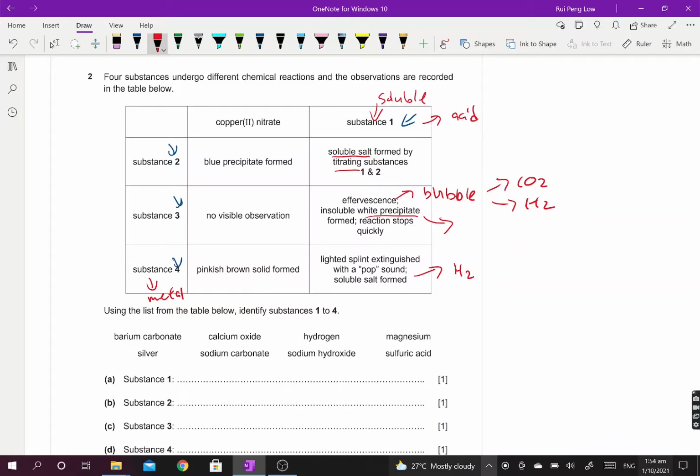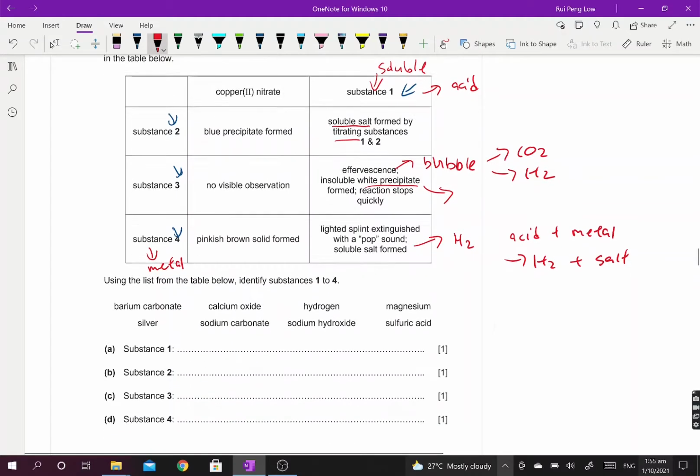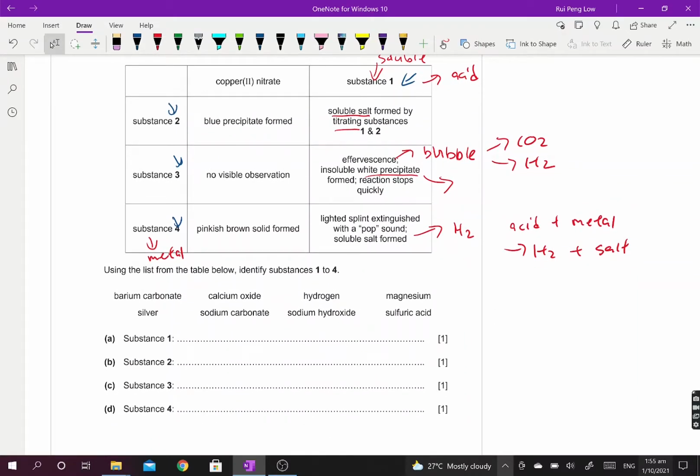Only when you have an acid plus metal, it gives you H2 plus salt. So I'm very sure that substance 1 is an acid. Let's see what acid we have. Sulfuric acid. So substance 1 definitely is sulfuric acid.